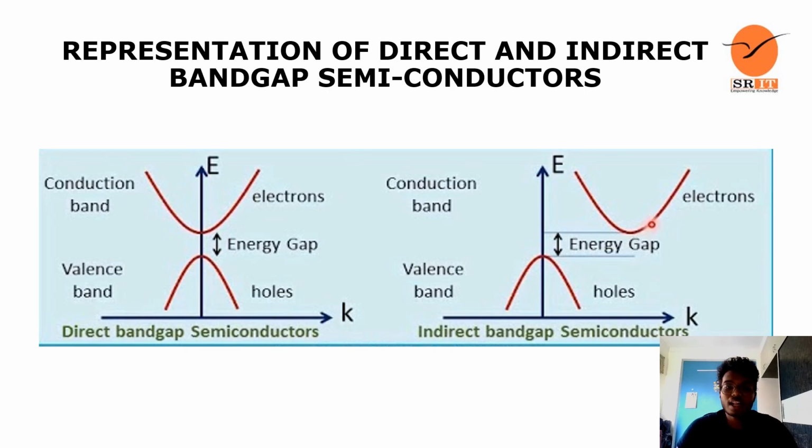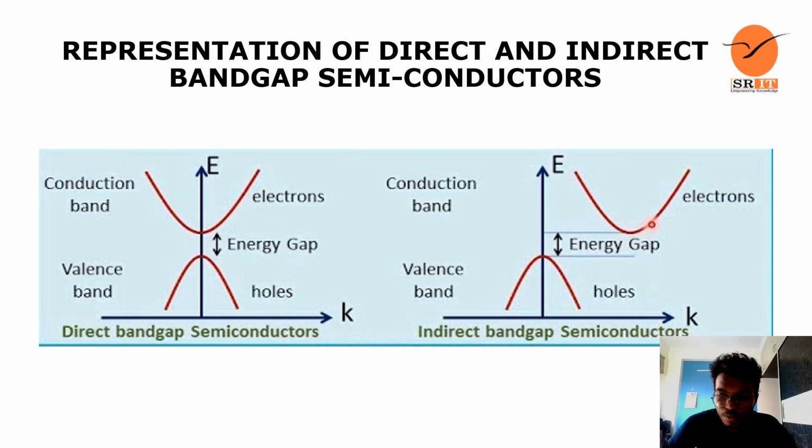For example, when an electron and a hole want to recombine, the electron hole recombination occurs without any change in momentum. And when we look into indirect band gap semiconductors, the maximum of valence band and the minimum of conduction band are separated by some energy gap, but when electron hole recombination takes place, there occurs a difference in momentum. That is the main difference between direct bandgap semiconductors and indirect bandgap semiconductors.